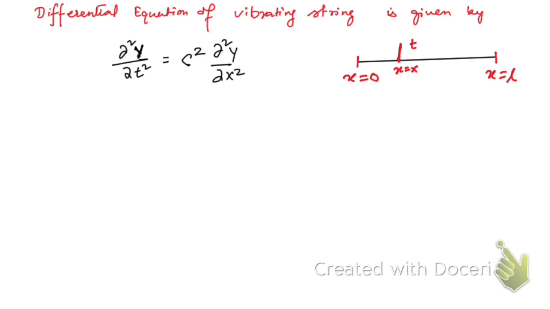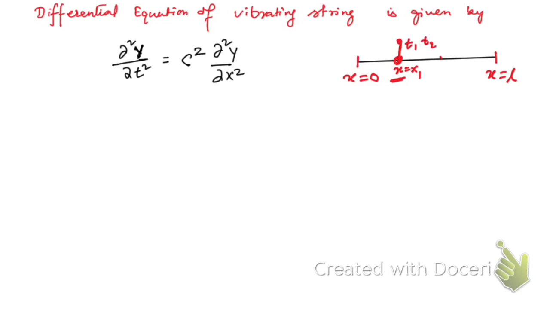Again, at the same time, a point at a different position, suppose this is at x1 and this point is at x2, its displacement may not be the same as this point at the time t. Similarly, the displacement of this point at times t1 and t2 may be different.